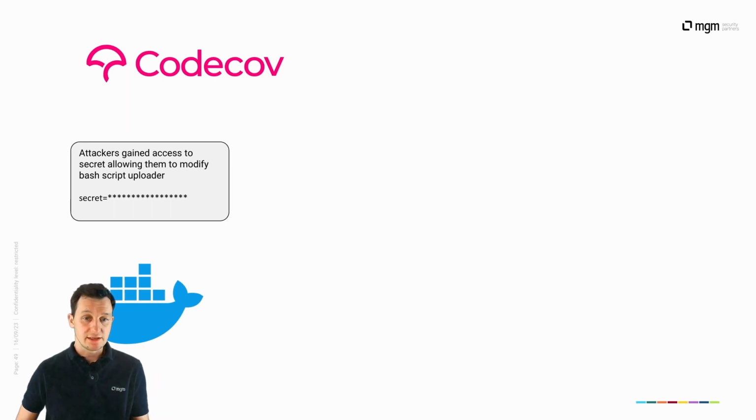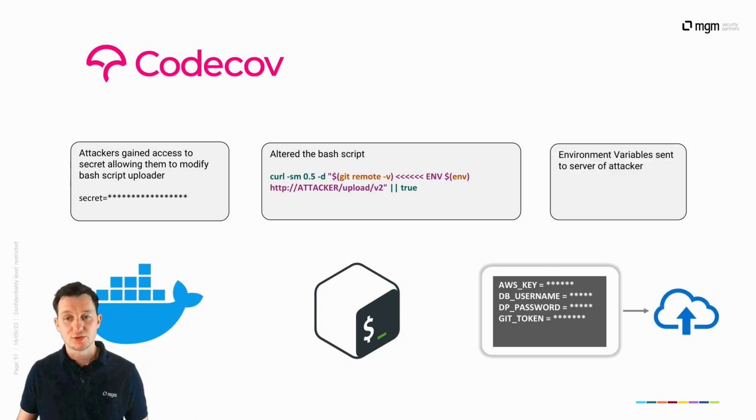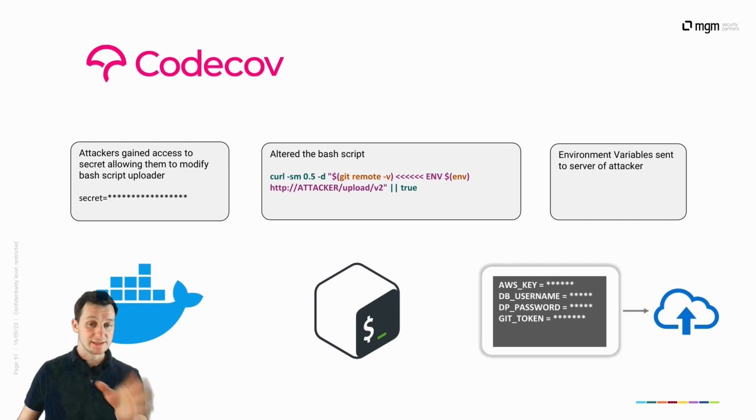In this case, they were able to just bring in a line, and it is pretty much the line I showed you already. This line says, yeah, please give me the git remote so that I know what kind of server it is, and all the environment variables. By this, the attackers were able to get all the environment variables of all the customers that were using this specific testing step of Codecov and giving this testing step credentials, right?